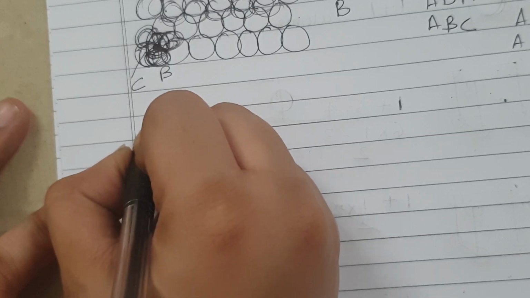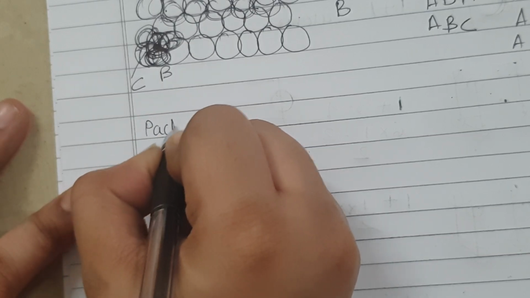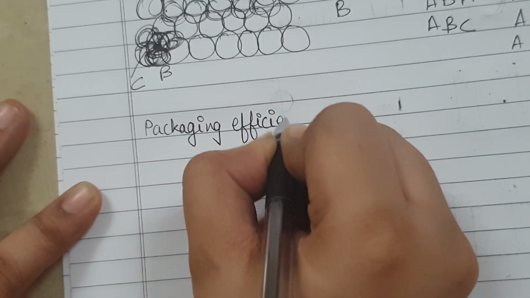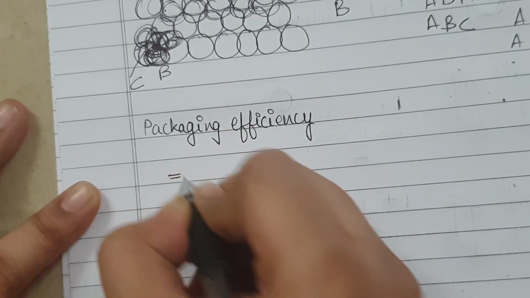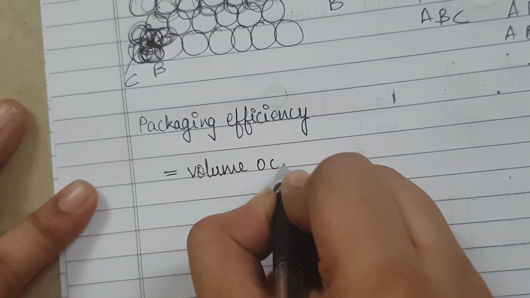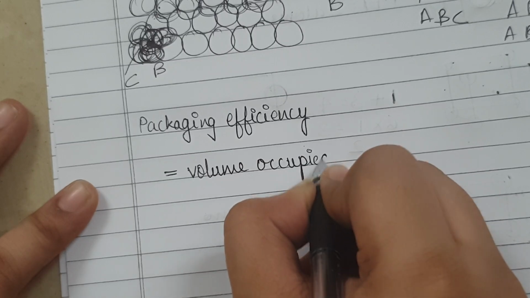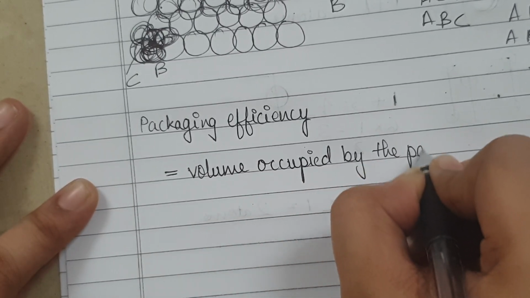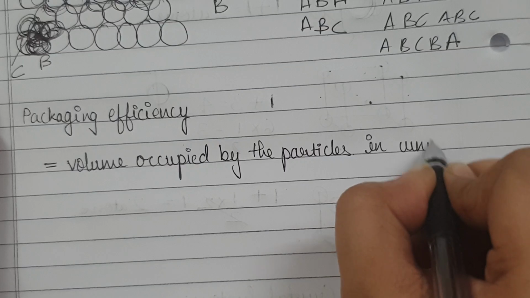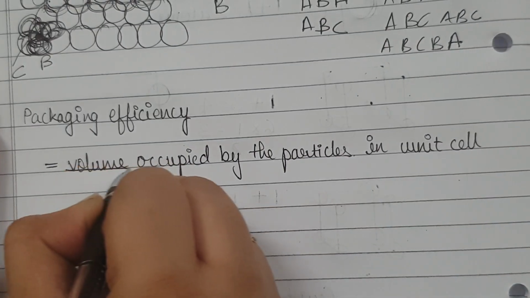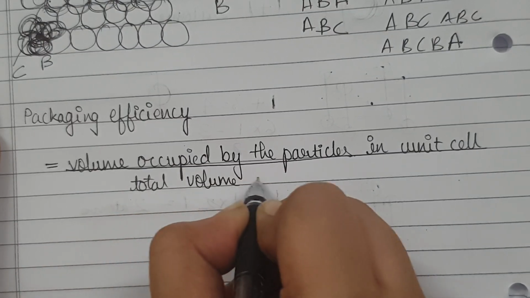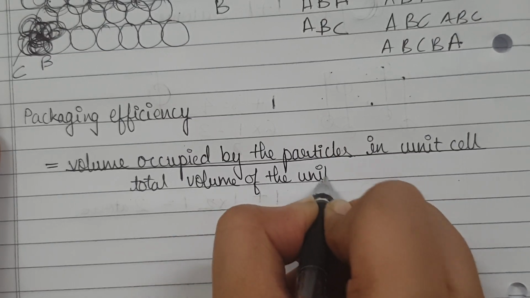So your formula is: packaging efficiency is equal to volume occupied by the particles in the unit cell upon total volume of the unit cell.